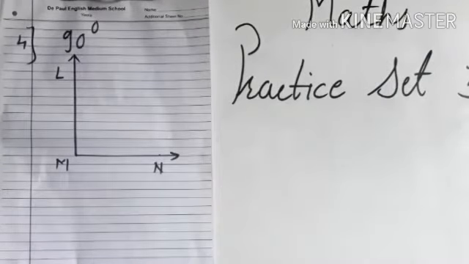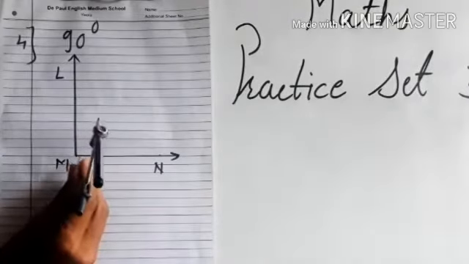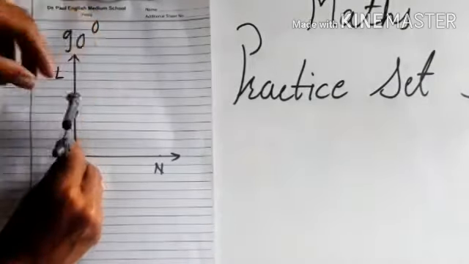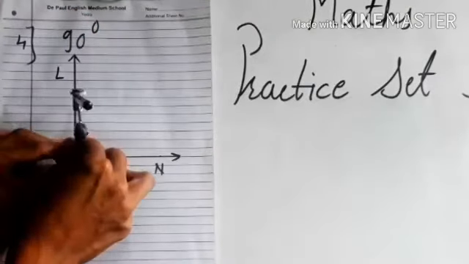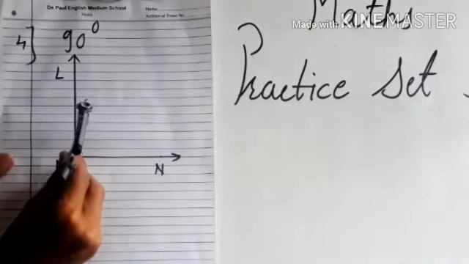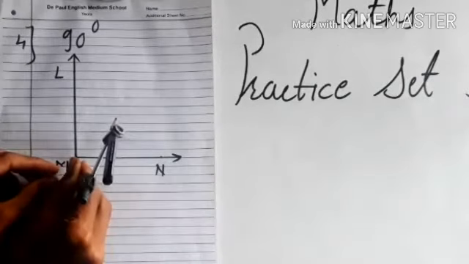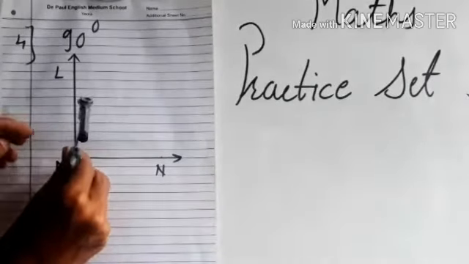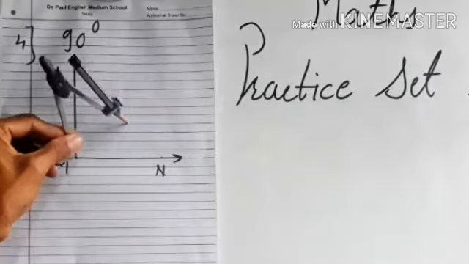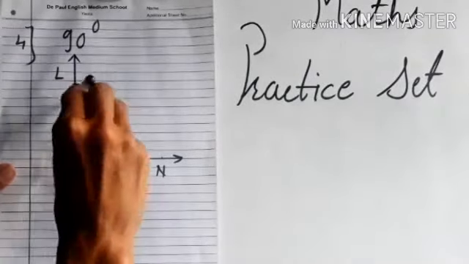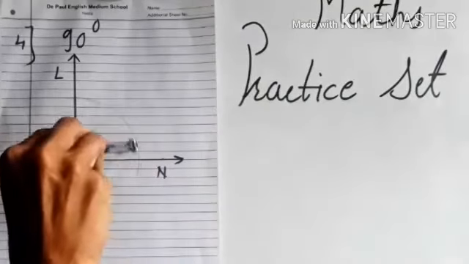Keep the compass point on the vertex, point M. Take an appropriate distance and draw one arc which will intersect ray ML as well as ray MN.